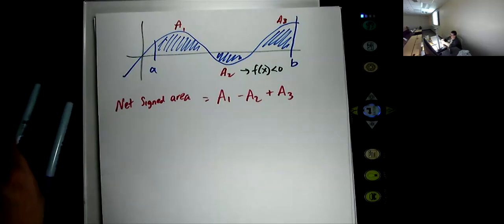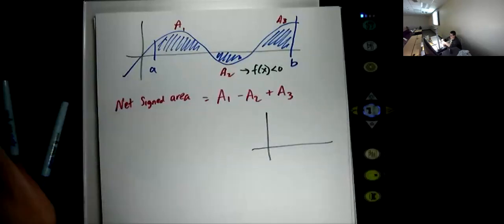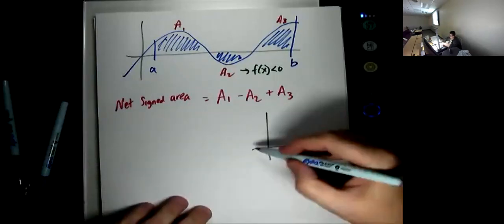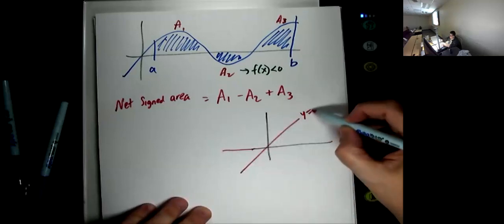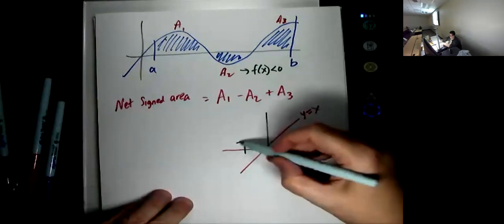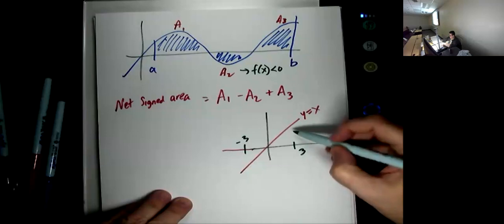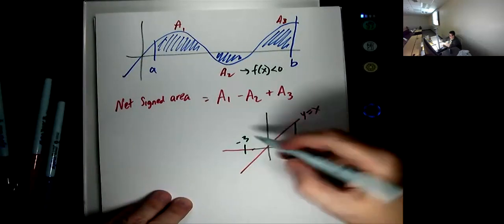So if we did y equals x, and I did from -6 to 6.